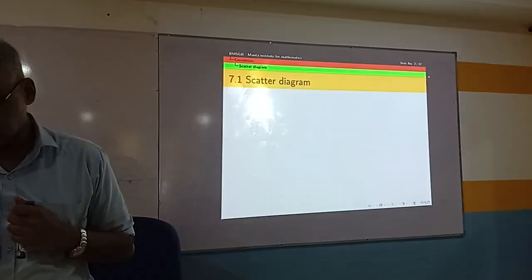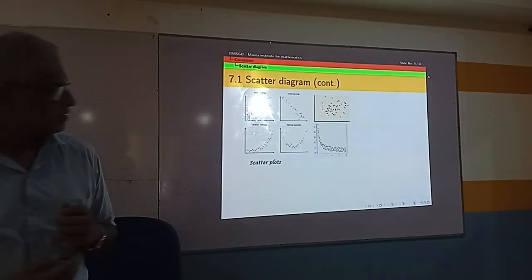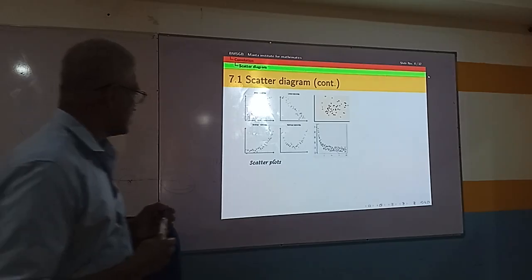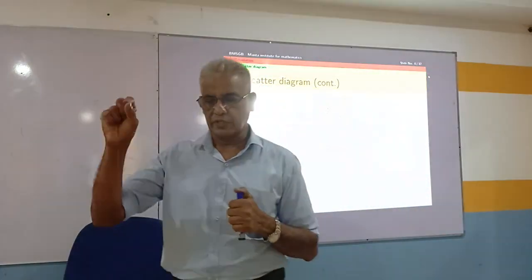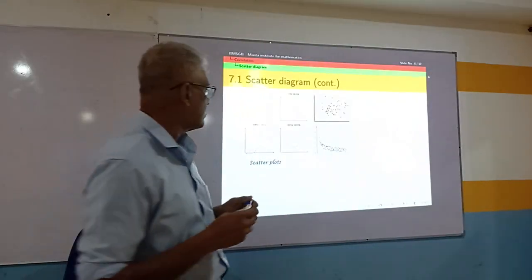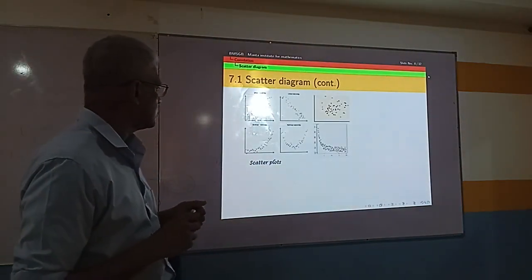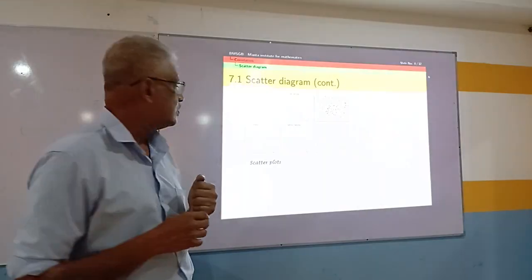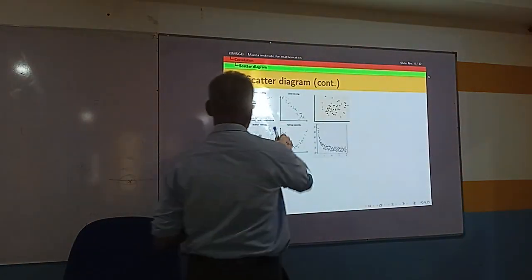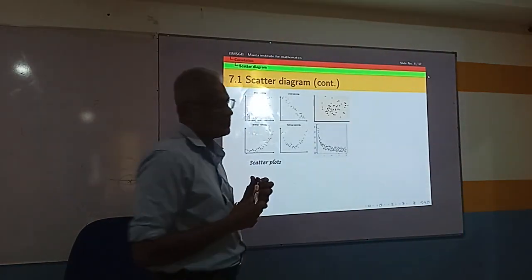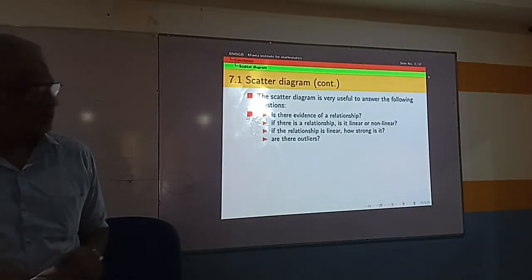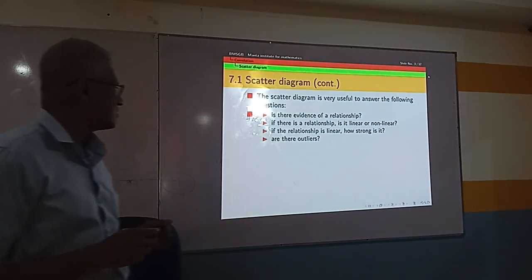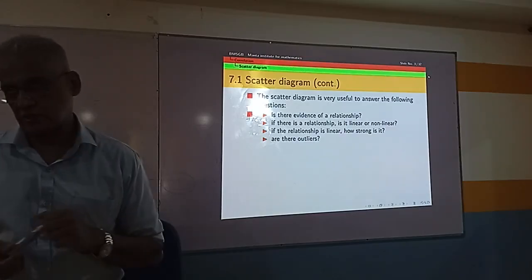Each point, an xy point, is a point in the two-dimensional plane, so you can easily mark those points for different individuals. One axis will be x, the other axis will be y.